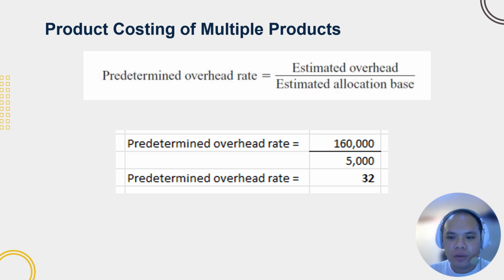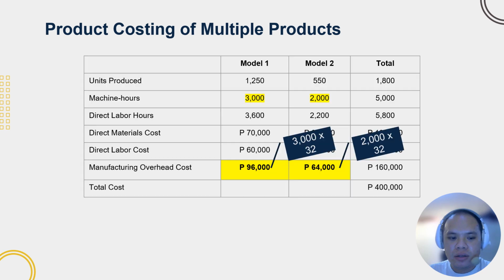Okay. So this is now the answer to our problem. Since kanina wala pa tayo na allocate diri sa Model 1 and Model 2 for manufacturing overhead cost, since we undergone predetermination of the manufacturing overhead cost for Model 1 and Model 2, we got 32 pesos per direct machine hour.